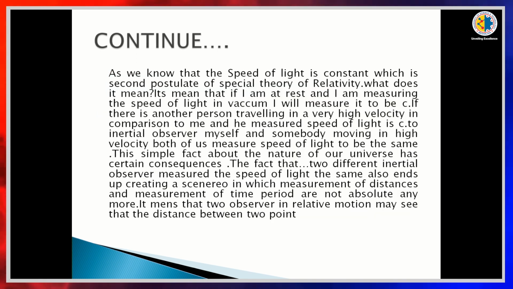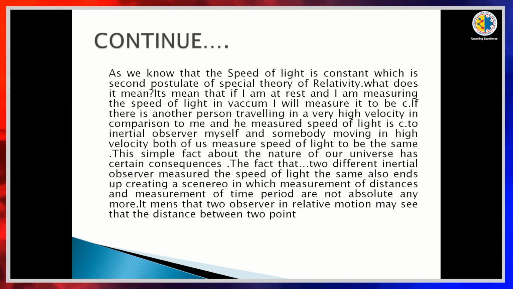As we know, the speed of light is constant, which is the second postulate of the special theory of relativity. What does it mean? It means that if I am at rest and I am measuring the speed of light in vacuum, I will measure it to be c.